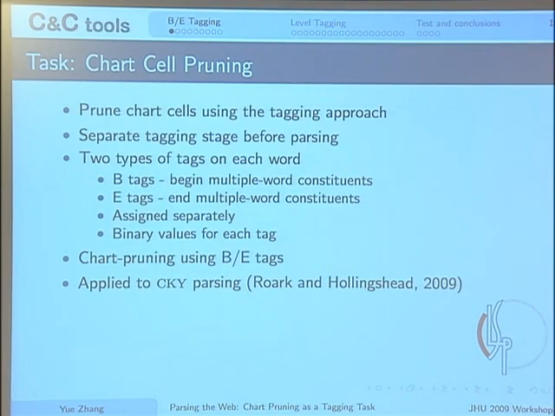So 2 types of tags are assigned to each word to indicate the begin and end properties. These 2 kinds of tags are assigned independently of each other. In each case, a tag takes a binary value. During parsing, these tags are used to prune the parser chart. And the method has been applied to CKY parsing in context-free grammar.